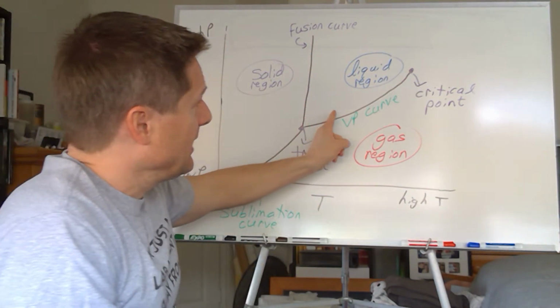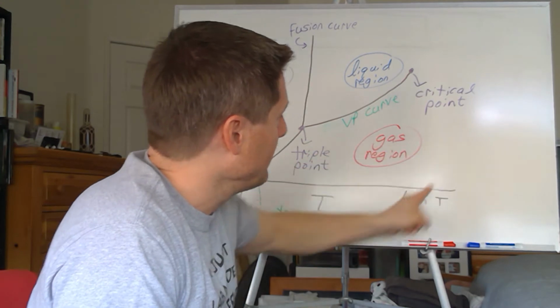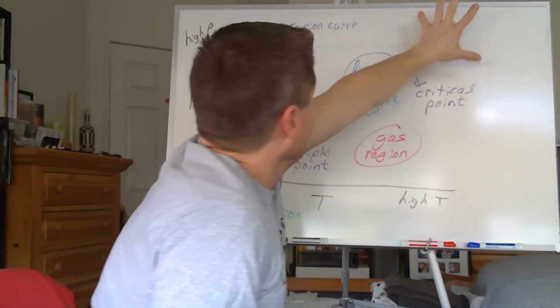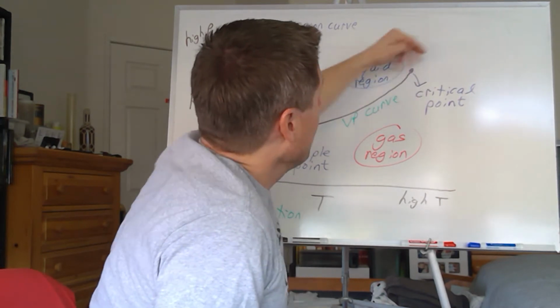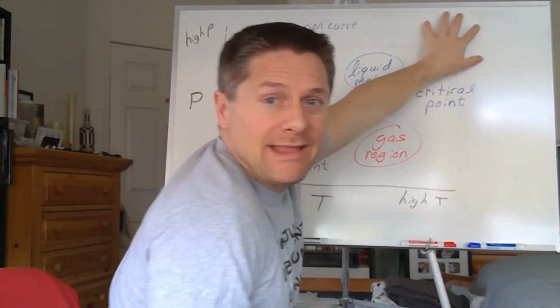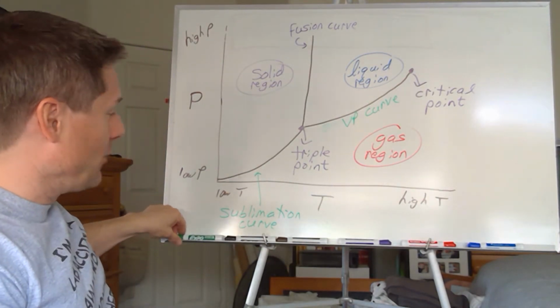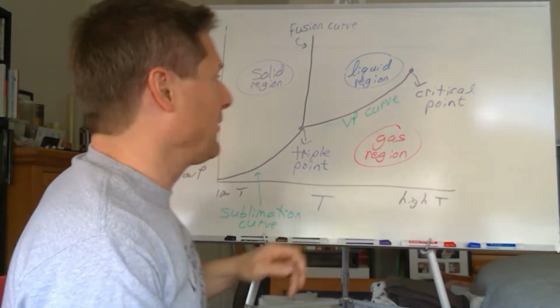Now, what's interesting is when you get past the critical point, if you're at a temperature higher than this, right, and a pressure higher than this, what the heck is up here? That's really, really weird. So I'm going to write this in real quick, and then we'll talk about that when we talk about the critical point.